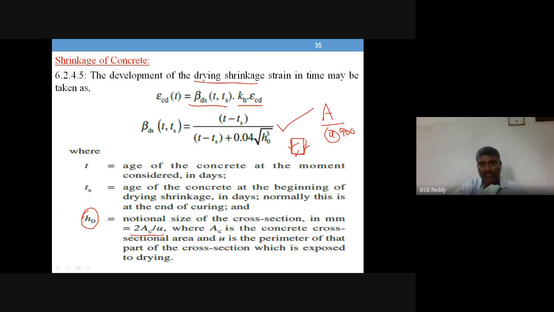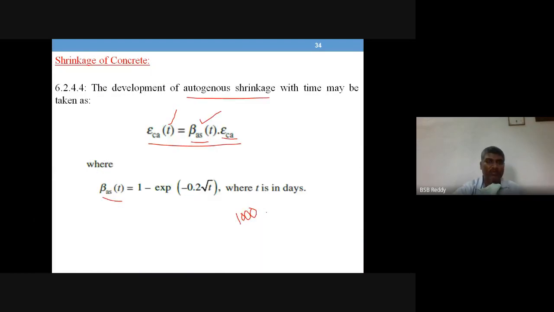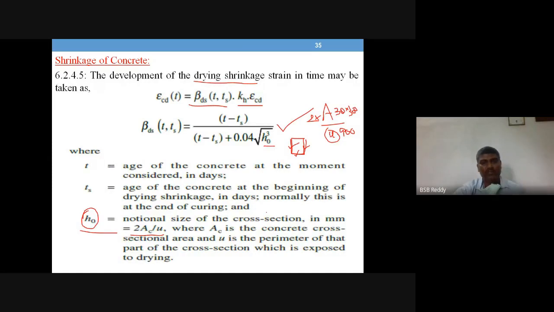Cross section area is 300 into 300, the cross section of the member 300 by 300. So likewise, you have to estimate it and multiply by 2, which will give you the h naught value, which is to be used even in getting beta, and also to get the value of kh, you have to estimate h naught. Okay, so this is how we get the shrinkage values.